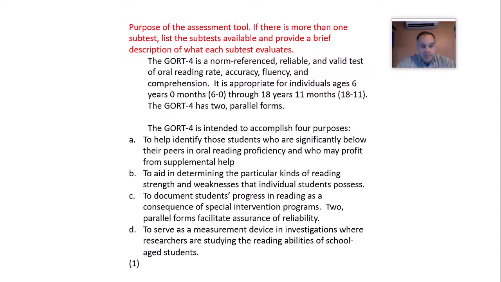So people that are studying reading, students' abilities, writing academic papers can use the GORT for measurement purposes for those types of studies. This information was taken directly from the GORT 4 Examiner's Manual.